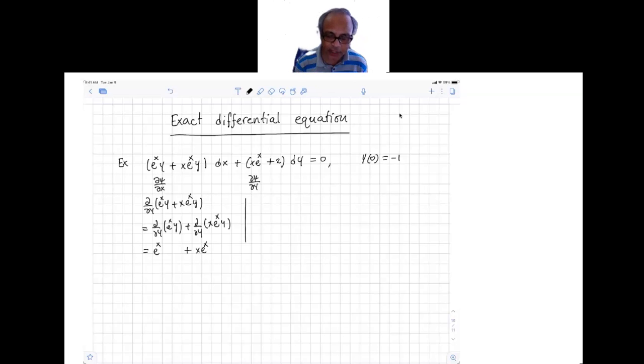Okay, so now go to the next part. Look at the coefficient of dy, which is x e to the x plus 2, and differentiate this with respect to x, because you see dψ/dy. You don't have to memorize, you want the mixed partial derivative.